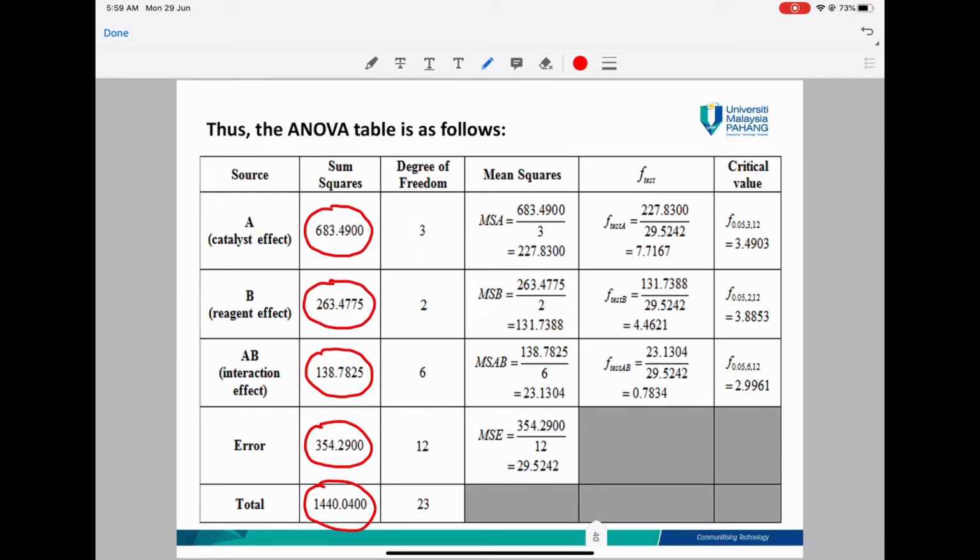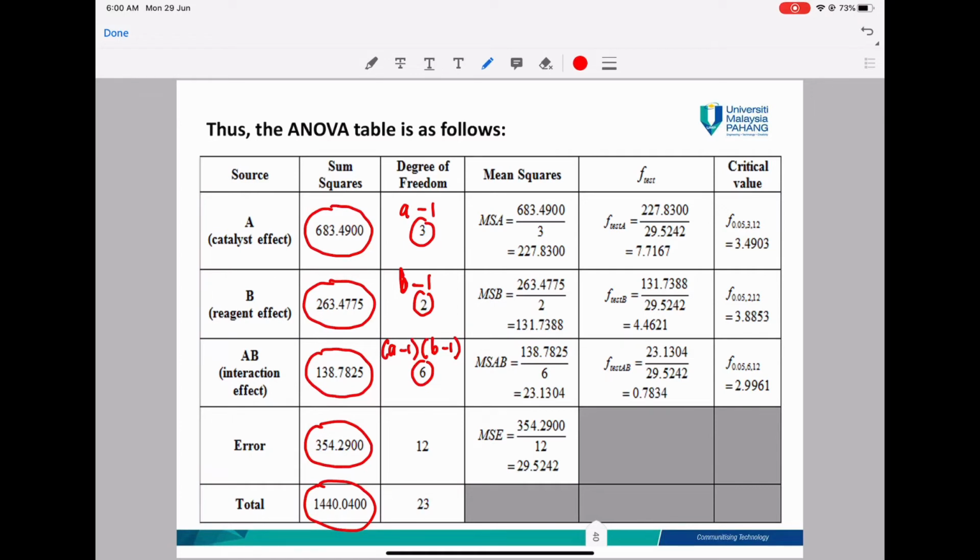Now we move on to the second column, degree of freedom. The first row will be A minus 1, and then we have 4 minus 1, which is 3. The second row we have B minus 1, which is 3 minus 1 equal to 2, and then the third row will be A minus 1 multiplied by B minus 1, which is 3 multiplied by 2 equals 6.